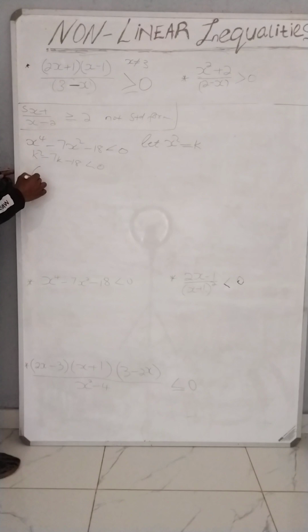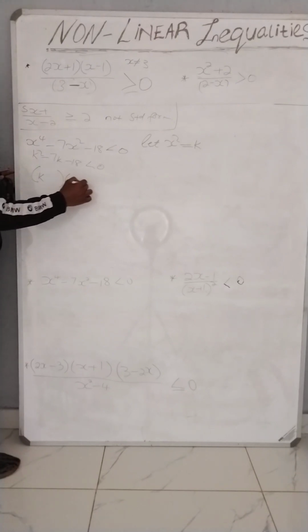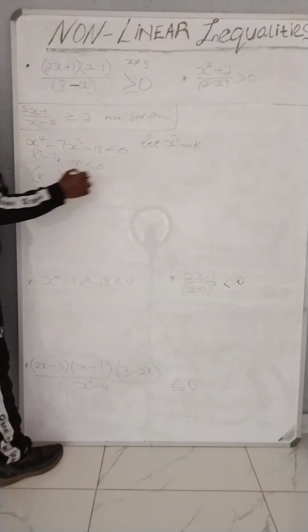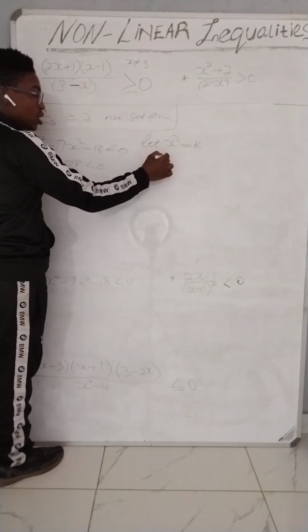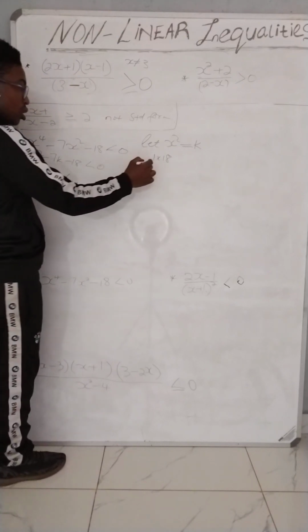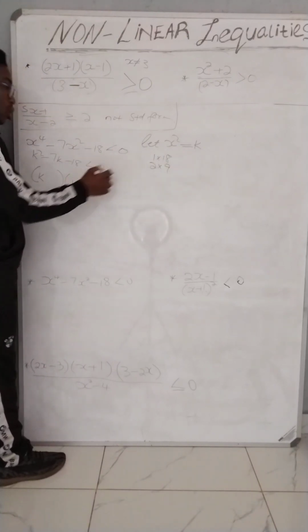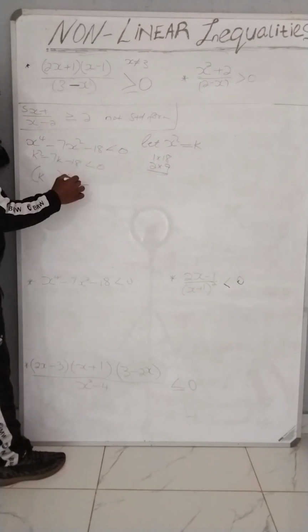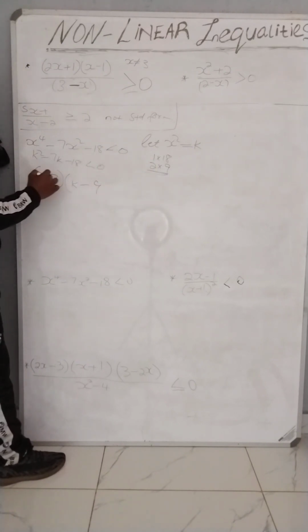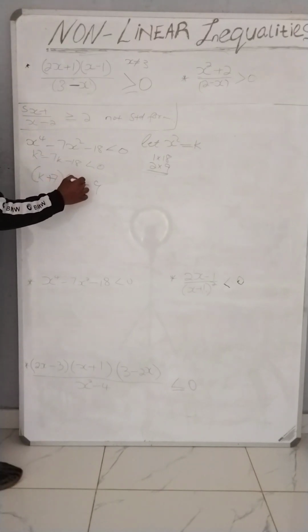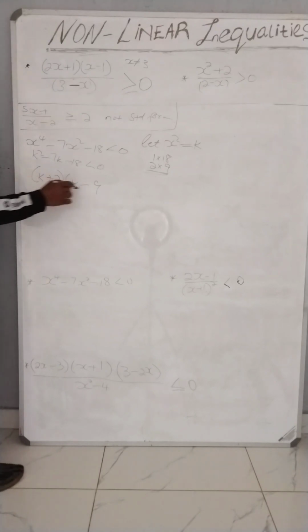In this case, you'll have k and k, and then you look for the factors of 18 that can give you 7, which is, you have 1 times 18, you have 2 times 9, and this one does give us 7, so you'll have 9 and 2. Okay, because it's negative, we must have positive and negative.